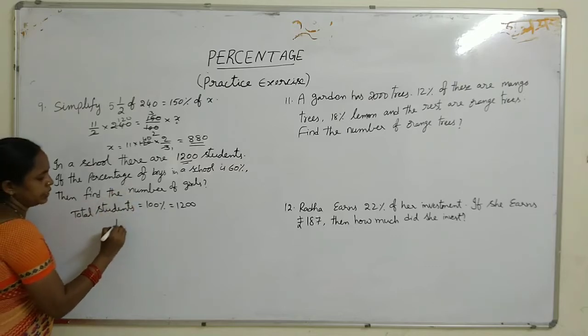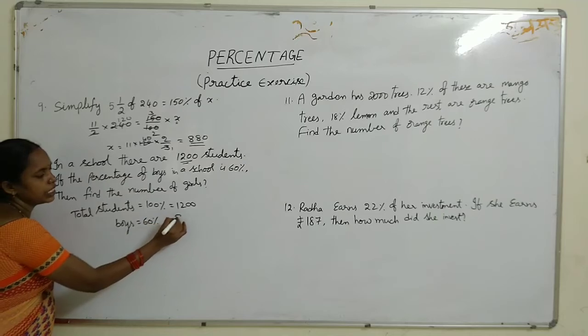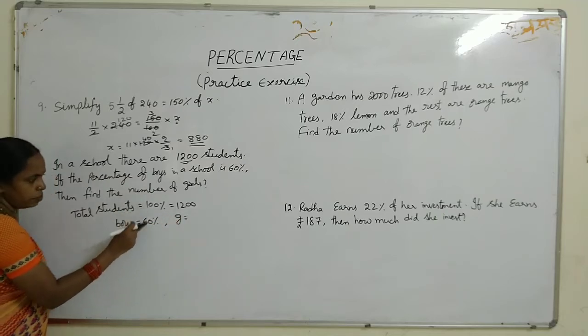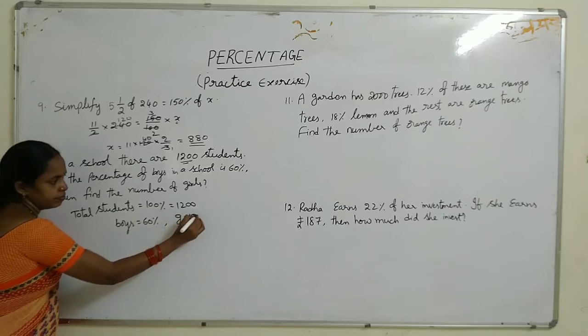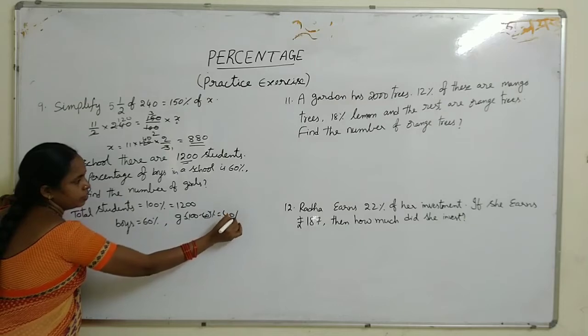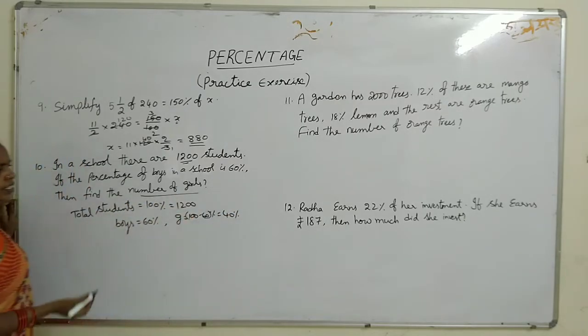Boys is 60%, and automatically girls plus boys equal the total 100%. So 100 minus 60 is 40% girls. In this question we have to find the number of girls. Percentage of girls equals 40.